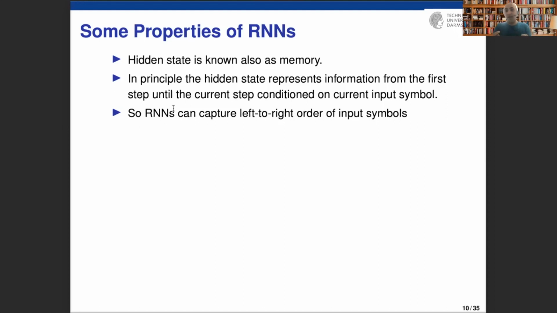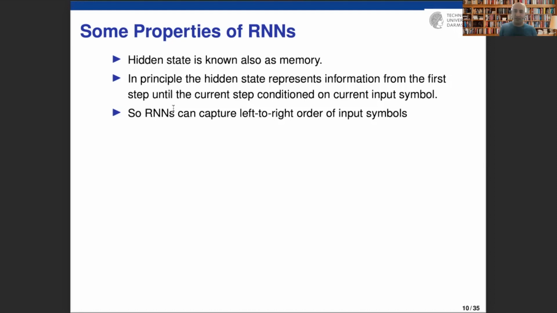With the help of an RNN, you can condition these representations on each other. So if x1 appears before x2, then the hidden state representation of x2 represents both x1 and x2.